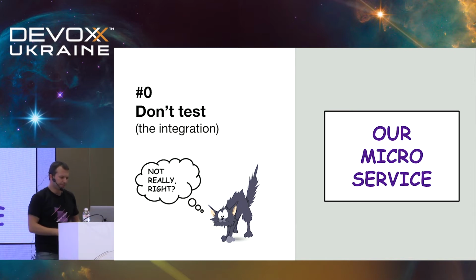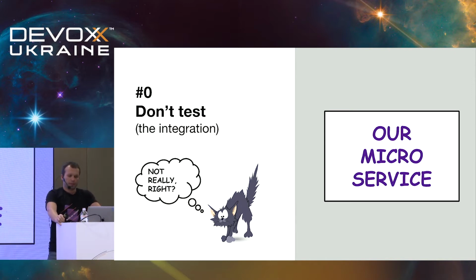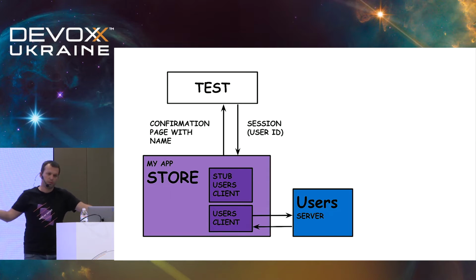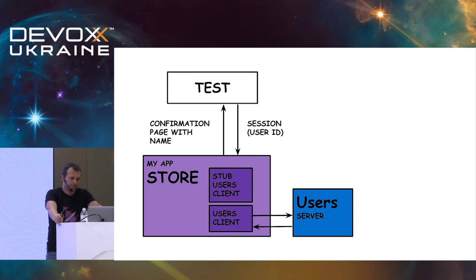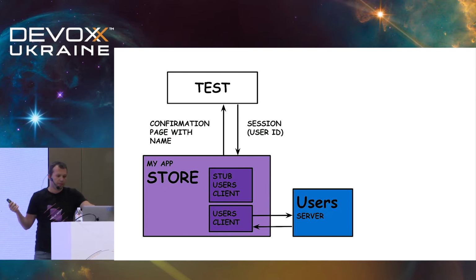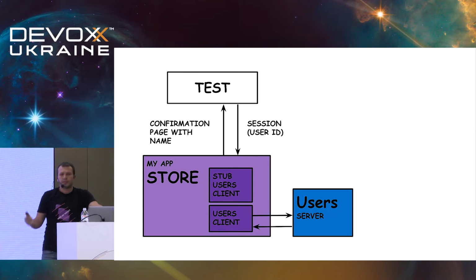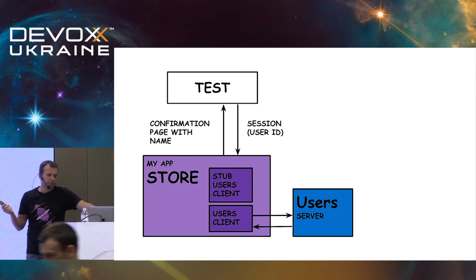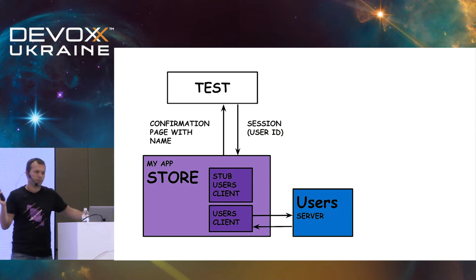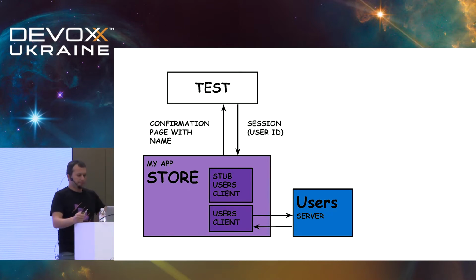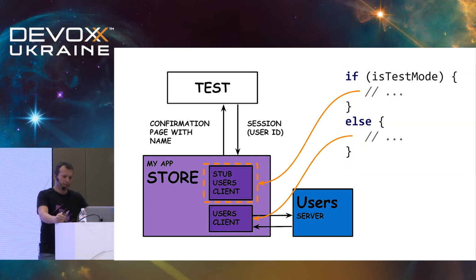They think that they test, but not really. And this is the approach. They have in their application two implementations of this user client. One is the real one, and another one is a stub client. This approach is called in-process component test. While it's a good and valid approach for acceptance tests and so on, it can't replace end-to-end test, and I'll explain why.